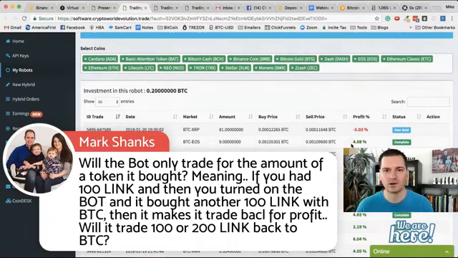That's how all crypto works. It goes down and then it goes back up eventually. So you might as well just let the bot do its job, let it work its magic and make you profit. Really the whole goal of this bot is to duplicate and multiply your Bitcoin. And that's all it's doing. Cool.